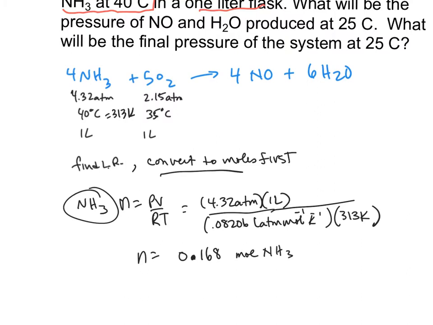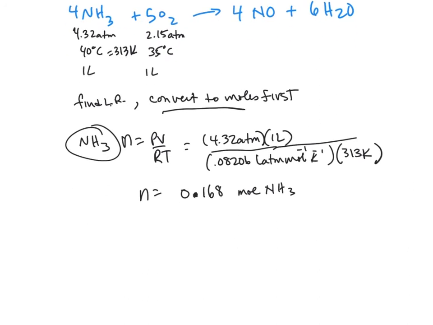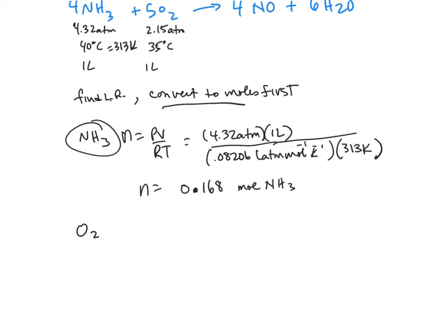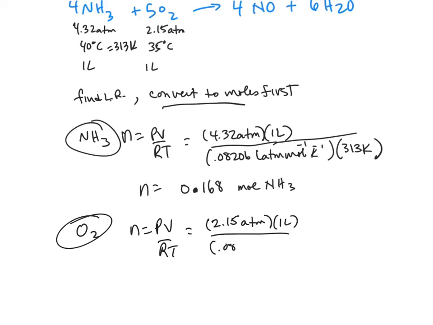Okay, then we're going to go to moles of oxygen. So oxygen, n is PV over RT, and you have here pressure is 2.15 atmospheres times volume, which is 1 liter, divided by 0.08206 liter atmosphere per mole Kelvin.